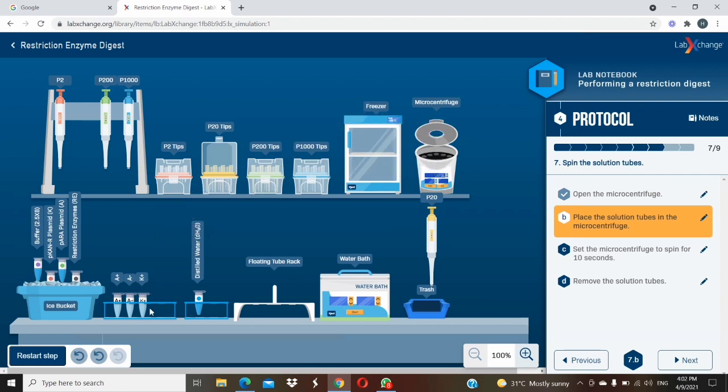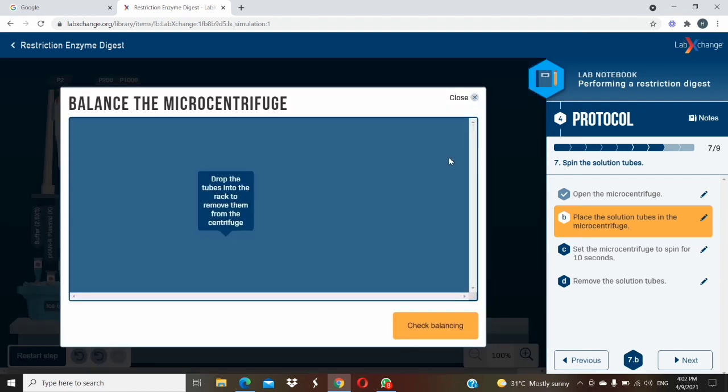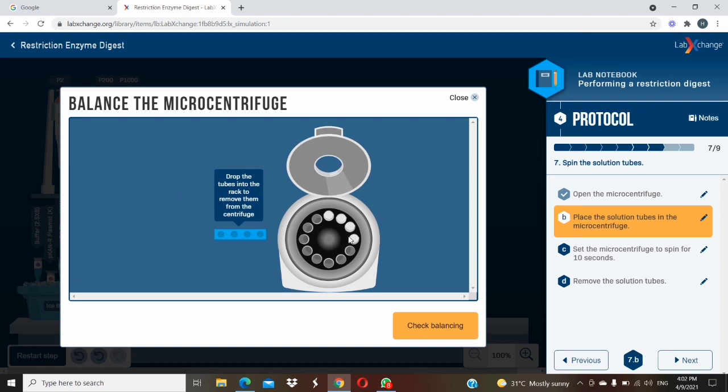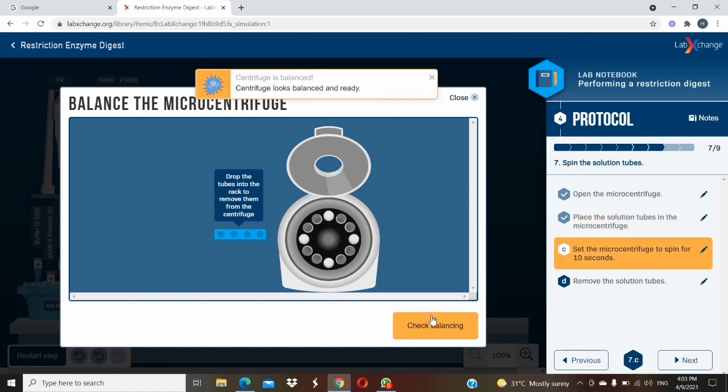Next, open the microcentrifuge and then place the solution tubes into the microcentrifuge. These are the solution tubes, so we are placing all the 4 into the microcentrifuge. Make sure it is balanced. Check the balance. Yes, it is balanced.